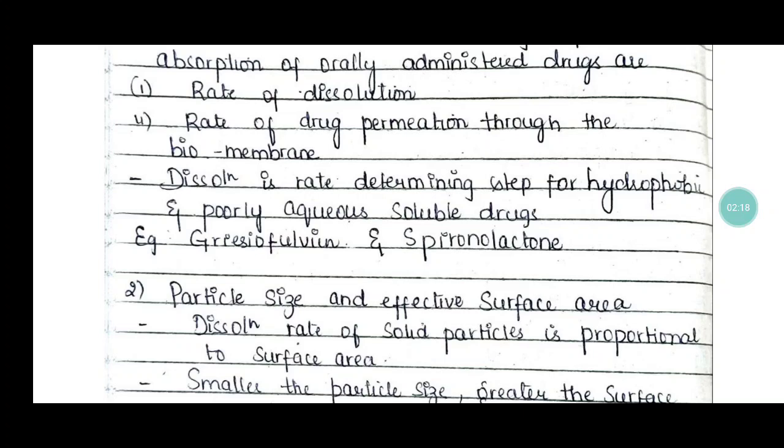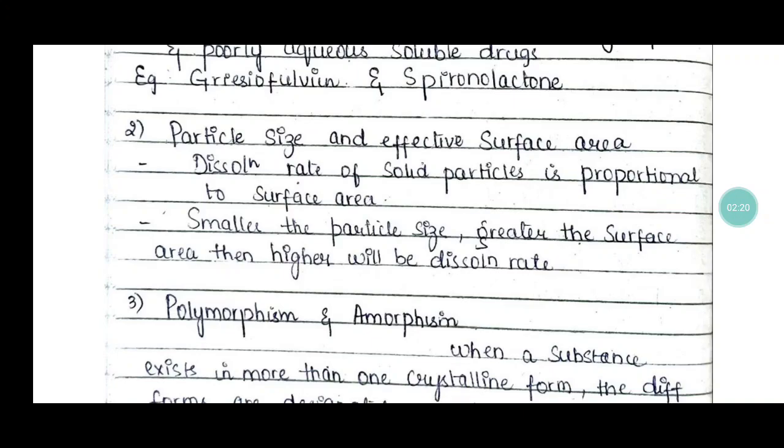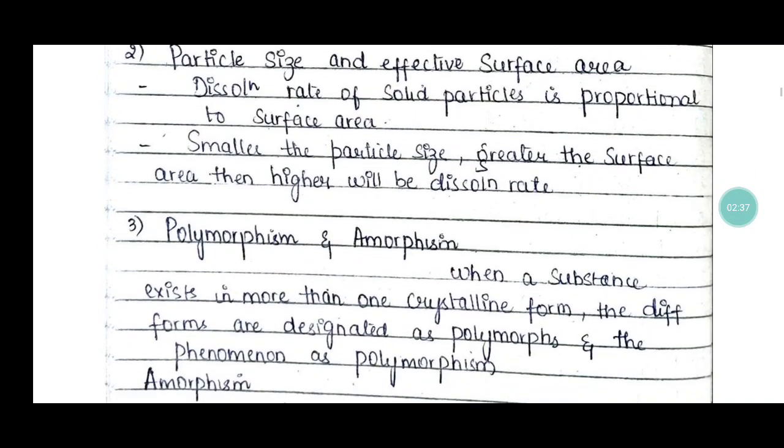Example, spironolactone. Second one, that is particle size and effective surface area: the dissolution rate of solid particles is proportional to the surface area, and the smaller the particle size, the greater the surface area, and so the higher the dissolution rate. Number third, polymorphism and amorphism.